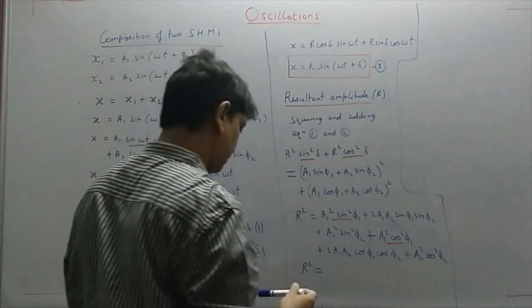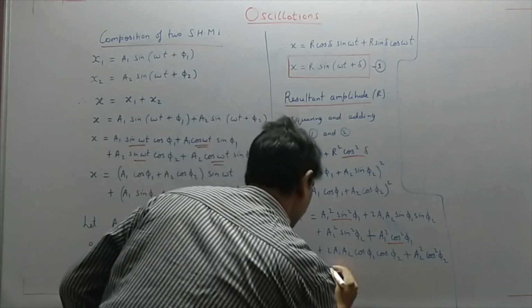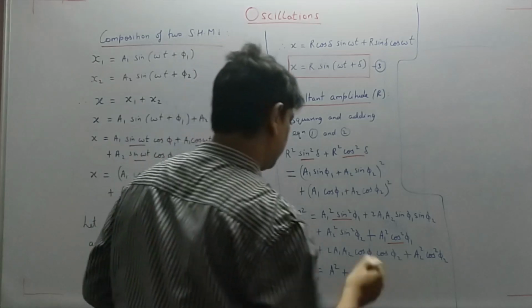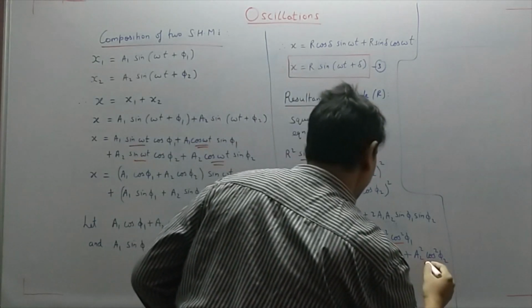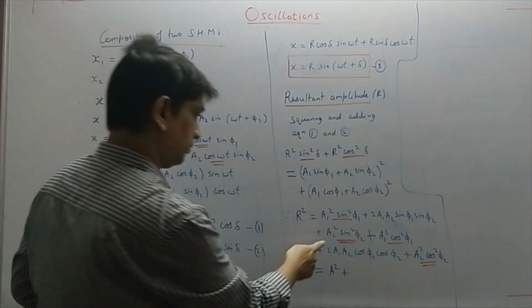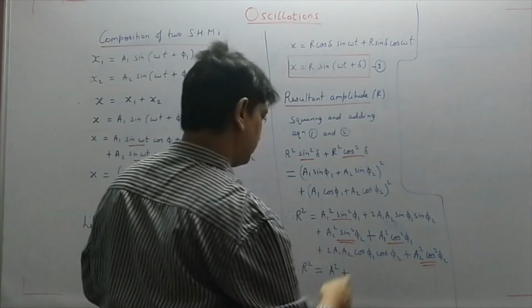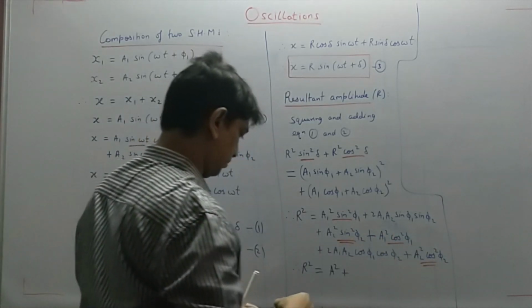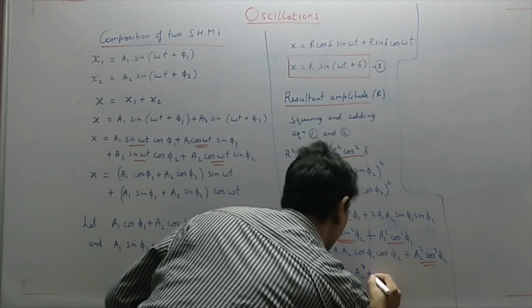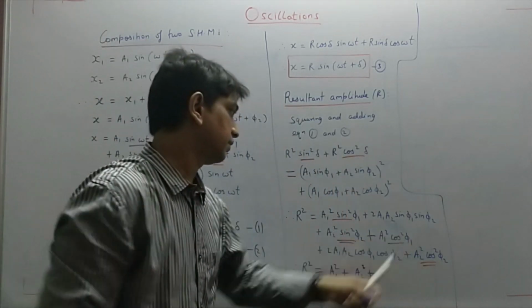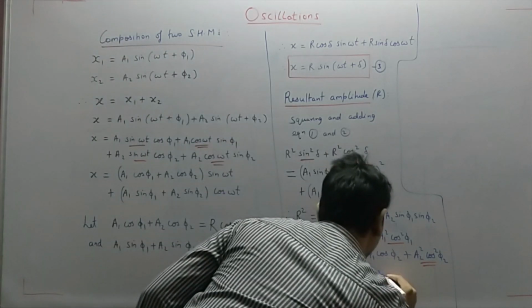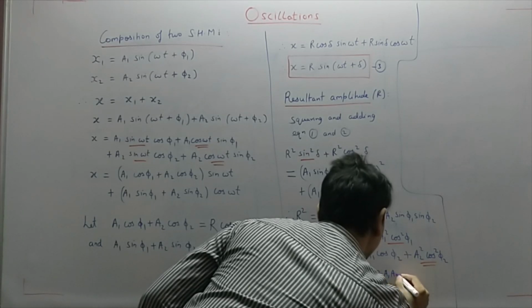So that is a1 square, sin square plus cos square is 1, so we are getting a1 square, plus we are having this a2 and this a2, phi 2 and phi 2, so a2 square common, sin square plus cos square is 1, so we are adding a1 square, a2 square, plus the remaining is, here we are having 2a1 a2 and here we are having 2a1 a2. So remaining we are writing, taking common 2a1 a2.